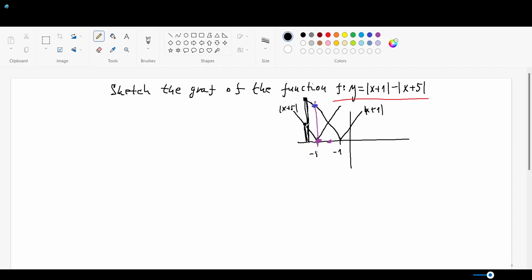I have to subtract, which is now this part of the line segment. Let me do it a little bit in color, which is this one. So you have to take this line, put it onto the x-axis and sketch the value of this function.